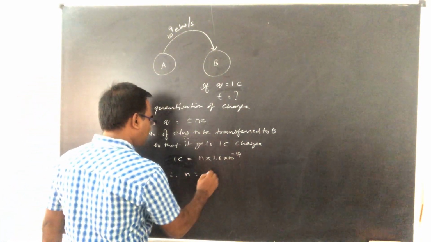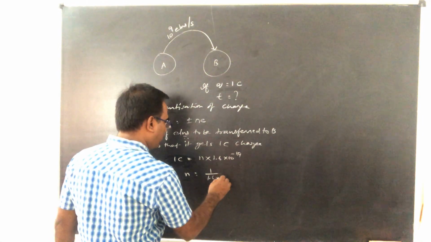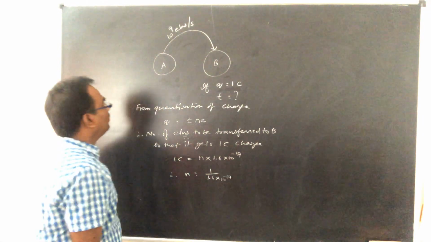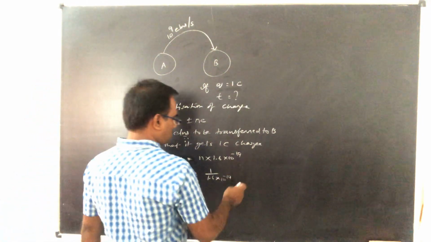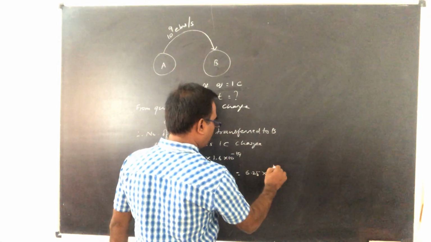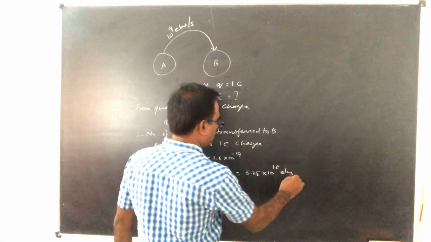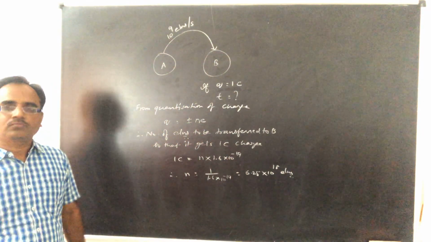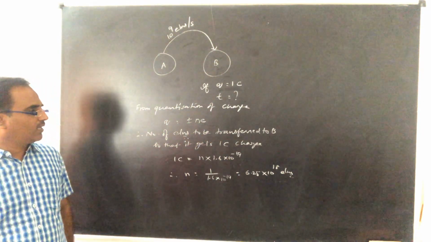Therefore, N will become 1 divided by 1.6 into 10 to the power of minus 19. If you find this value, it comes to nearly 6.25 into 10 to the power of 18 electrons. If you do this calculation, you will get that much.